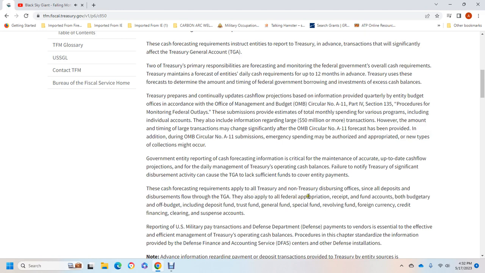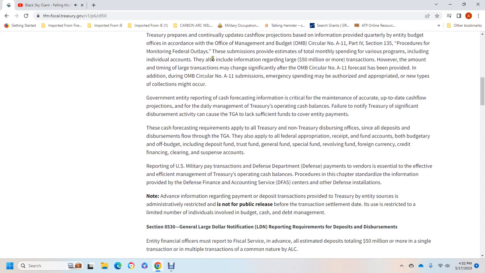This applies to federal recipients of the fund accounts of the budget and budgetary and off-budget, including deposit fund, trust fund, general fund, special fund, revolving fund, foreign currency, credit financing, clearance, and dispensing accounts, as well as U.S. military pay accounts and the Department of Defense payments, essential for effective and efficient management of the Treasury operating cash balance.